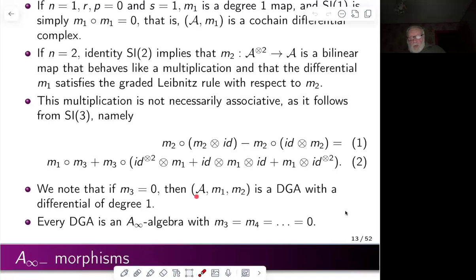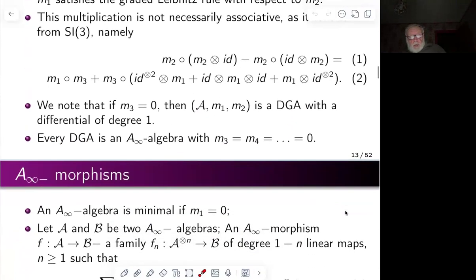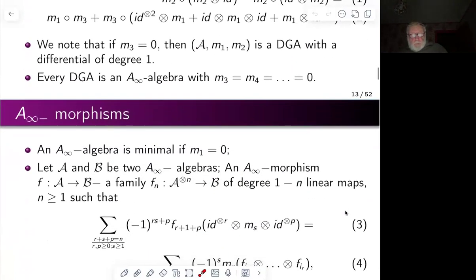It means that you have a differential graded algebra structure with operation m2 like multiplication and operation m1 like differential of degree 1. So if we have an arbitrary differential graded algebra, then of course we can say it is also an A infinity algebra, but all operations in the Stasheff identity starting with n equal to 3 are trivial, equal to 0. So it is a trivial A infinity algebra.